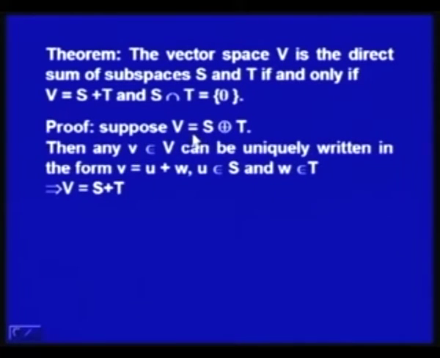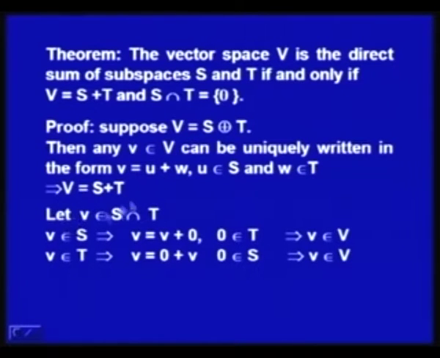Suppose V is the direct sum of S and T, then any vector v belonging to V can be uniquely written in the form v is equal to u plus w, u belonging to S and w belonging to T. That means V is equal to S plus T. Now, you have to show that if it is uniquely represented by the definition of direct sum, then S intersection T is equal to 0.